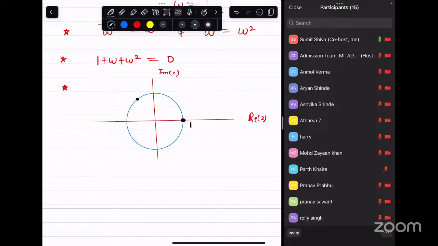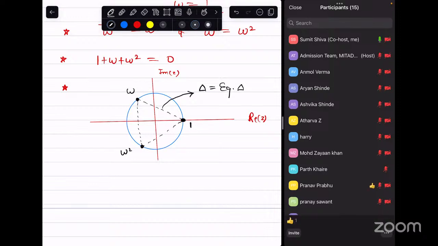Here we have omega and just vertically opposite to it we have omega square. If you join these three points, 1, omega and omega square, you will get a triangle. This triangle is an equilateral triangle. Are you getting it?